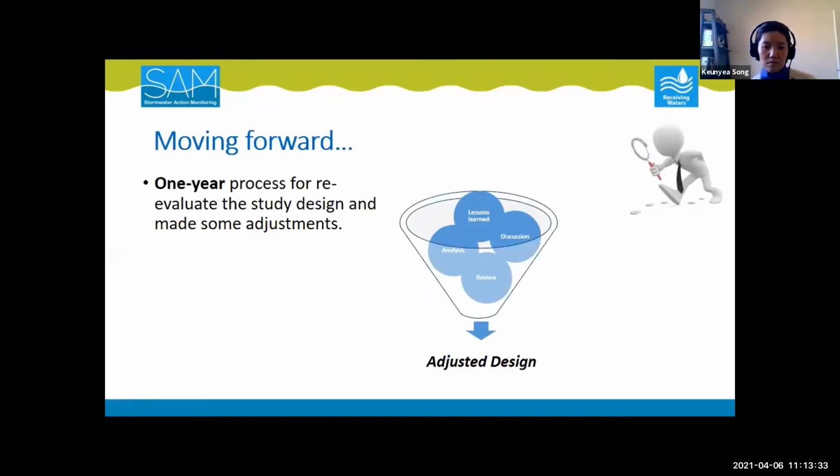After that, we spent about 1.5 years reevaluating the study design to see whether there is a way to improve the monitoring design to answer the questions better and faster. This process included numerous discussion meetings with the previous project leads and many other federal, state, and local agency scientists. I'm going to show you all the major changes that we have made to this study design moving forward.